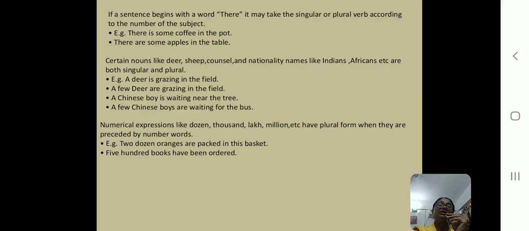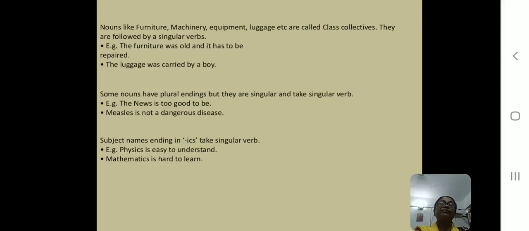Before dozen we have the number word there, so we are using the plural verb. 2 dozen oranges are packed in this basket. Next one, 500 books. Before hundred they have mentioned the number 5, and that's why we are using the plural verb, that is have. 500 books have been.